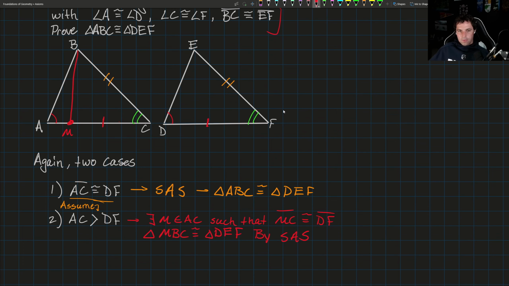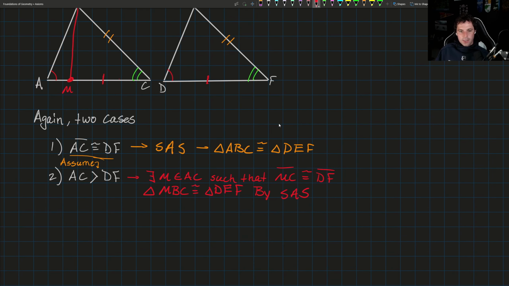And then by SAS, the corresponding parts are congruent, specifically angle BMC is congruent to angle D, which can't be the case, right? Again, because of that uniqueness statement up top. So this draws a contradiction, because ray AB is distinct from ray MB, right?